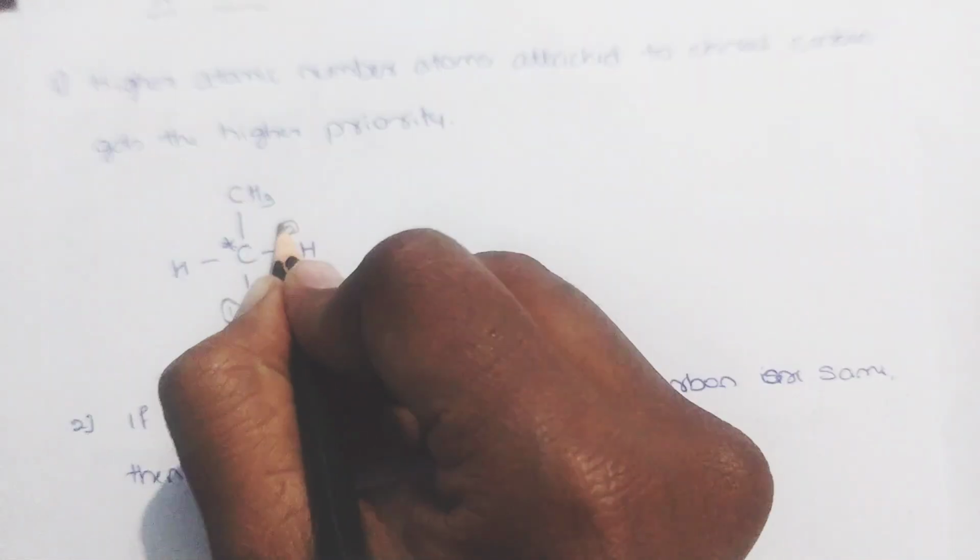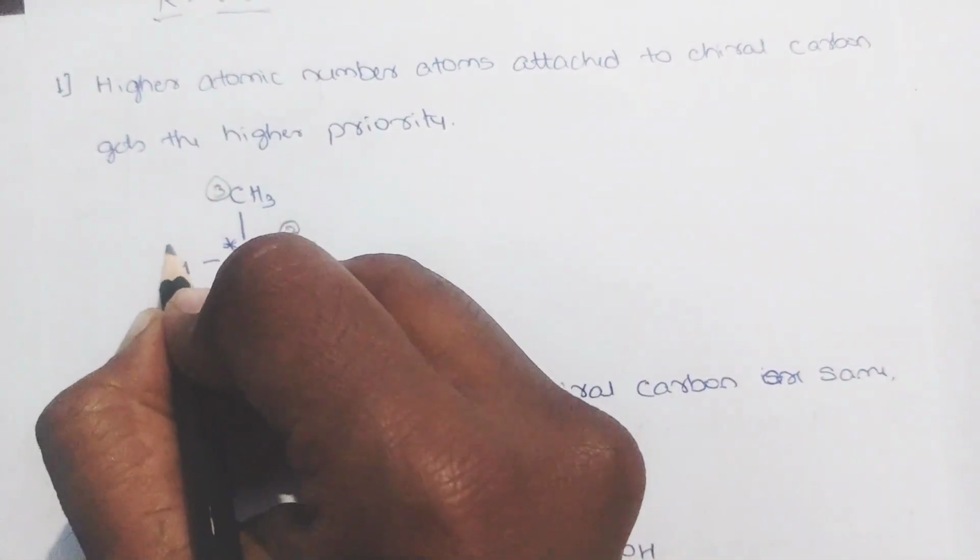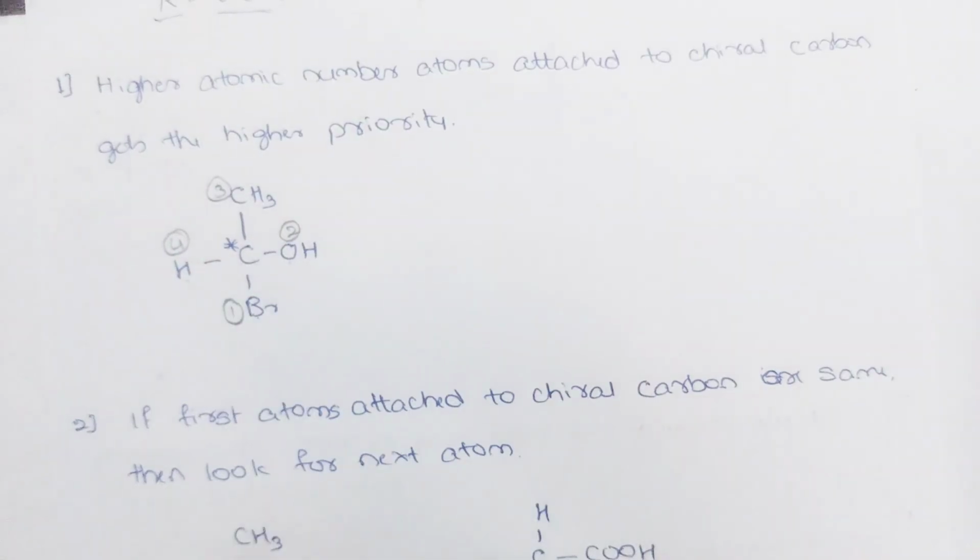So here Br has the highest priority, so the priority of Br is 1, next oxygen, next carbon, and the fourth one is hydrogen. Because the atomic number of hydrogen is less than carbon, less than oxygen, less than Br. So Br gets the first priority.